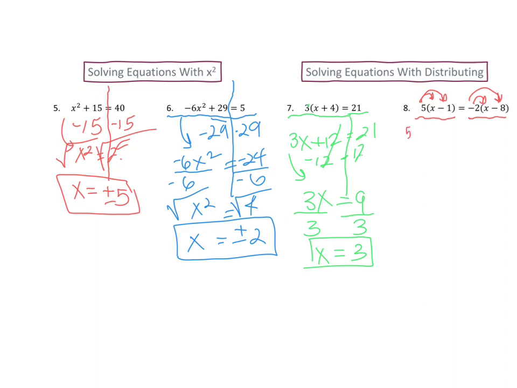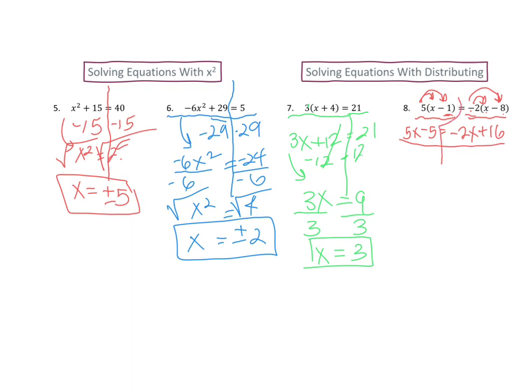Yes, if you said 5x, you are right. 5 times negative 1. Remember, the negative sign goes with the number it's in front of, so it would be negative 5. Negative 2 times x, negative 2x. Negative 2 times negative 8. What's a negative times a negative? I know you know it's a positive. So now I have 5x minus 5 equals negative 2x plus 16.